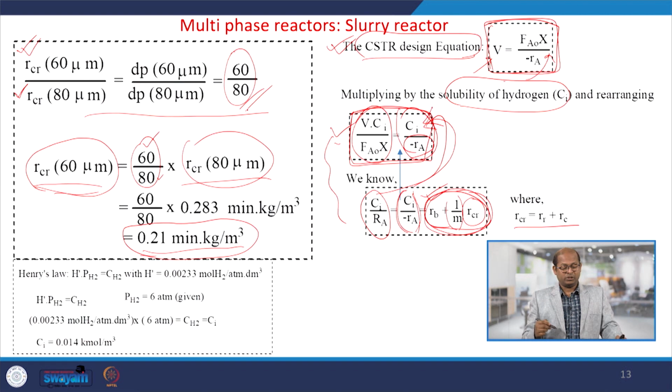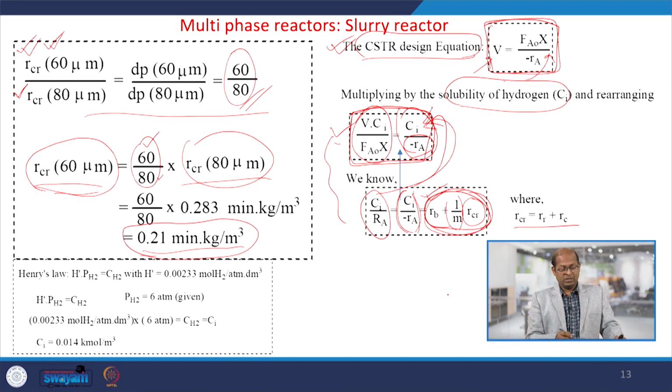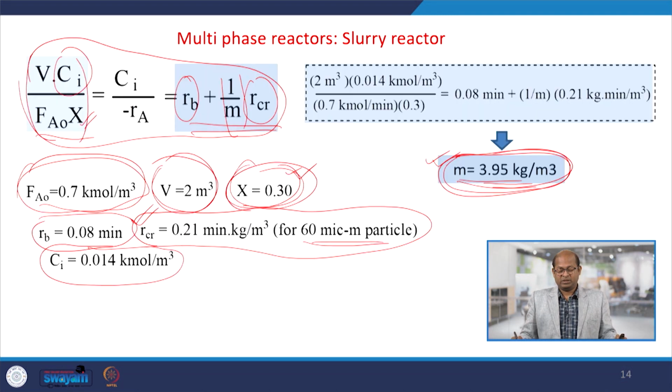The unknown, the 60 micron particles, we can find out by using the direct correlation. With this correlation, we can easily find out what the resistance would be for 60 micron particles for this particular reaction if we change the particle size. So, easily we can find the quantity of catalyst that we have to charge to carry out the reaction.